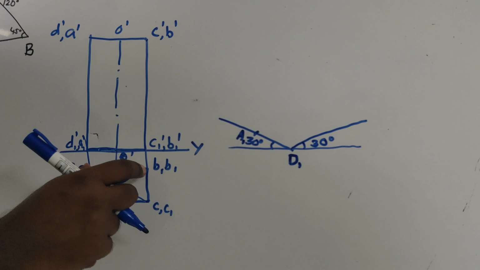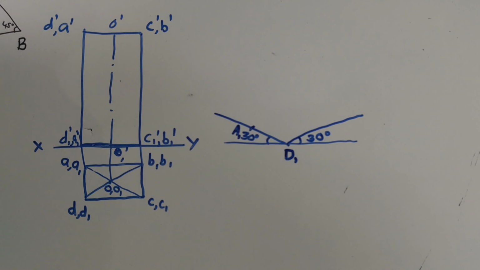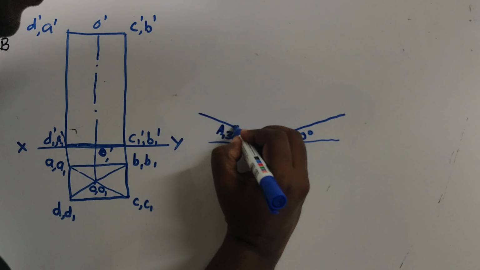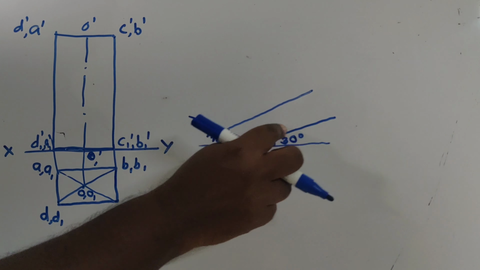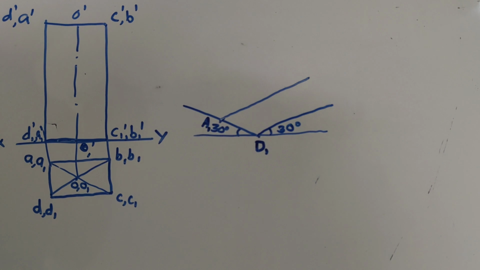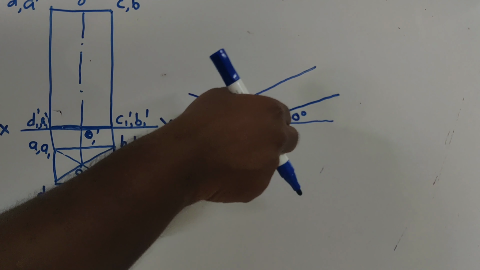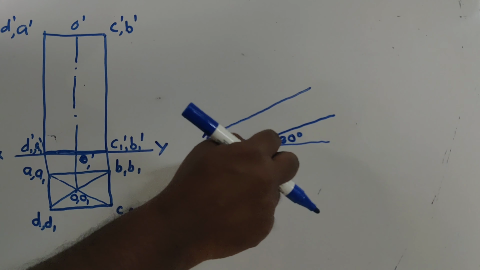Next is A1 to B1. That is also an isometric length, corresponding to 40. For that you have to draw a parallel line starting from here, parallel to this isometric axis. We can draw only isometric lines. We cannot go for non-isometric lines. So from here you measure 40 mm and mark it as B1.